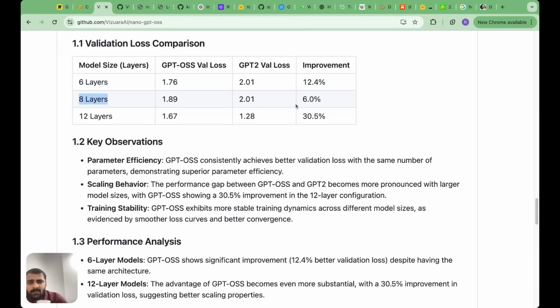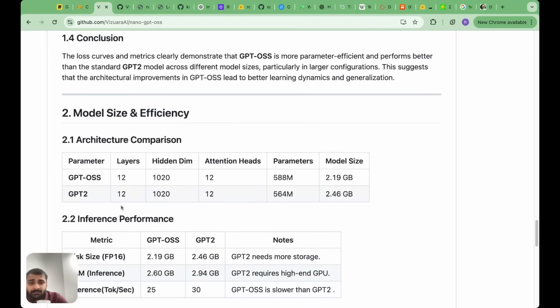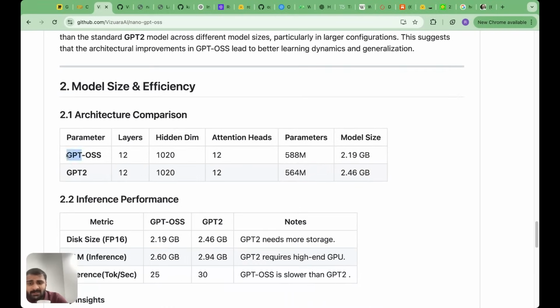If we have 8 transformer blocks, around 6%, and if we had 12 transformer blocks, we have an improvement of about 30.5%. So that's incredible actually. And as you can see, the model size was maintained to be roughly the same, so that the parameters are the same and we can have an apples to apples comparison, right?